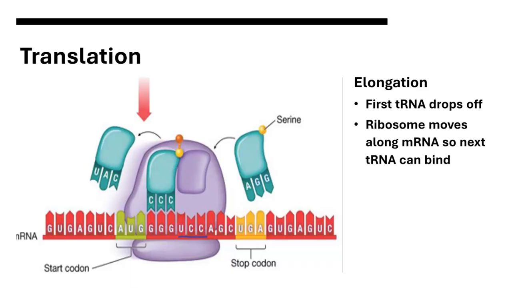U would be across from A, G would be across from C, and once again G across from C. This brings in the amino acid serine. We keep on moving these over to the next transfer RNA. Once the transfer RNA loses its amino acids, it falls off, and the ribosome keeps on sliding down the messenger RNA strand.